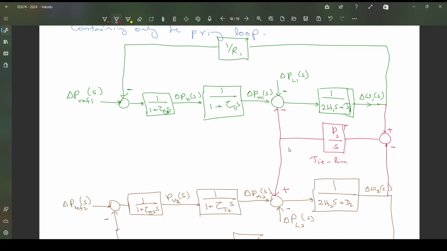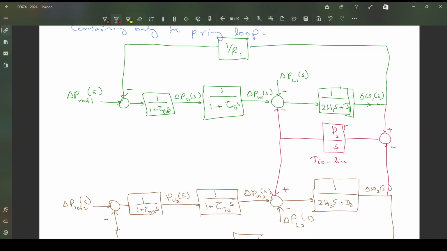So now you have two areas with the automatic generation control connected through a tie line. You can actually implement this in MATLAB or Octave or Scilab, whatever you like, and then you can see how things will act when you change the loads in each area.